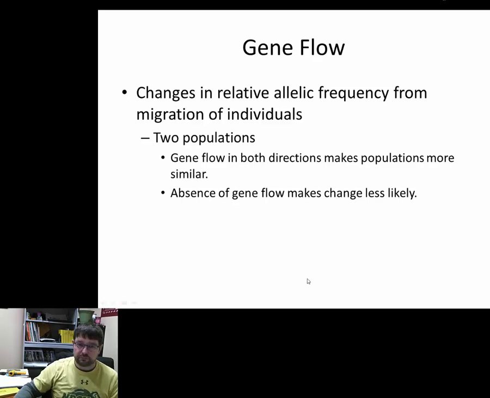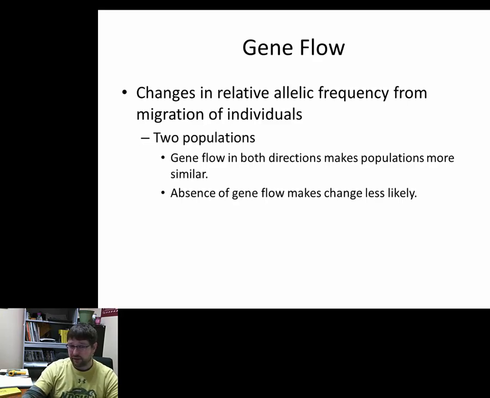Okay, so back to gene flow. Gene flow can work in a couple different directions. You could have genetic material moving out of the population and into a new population. So one population could be getting less diverse, while the other population could be getting more. It really just depends on how big the populations are, how genetically diverse the population is, and what organisms are actually leaving the population.